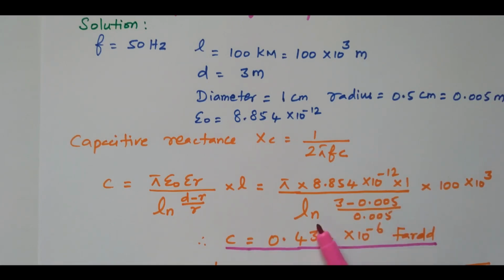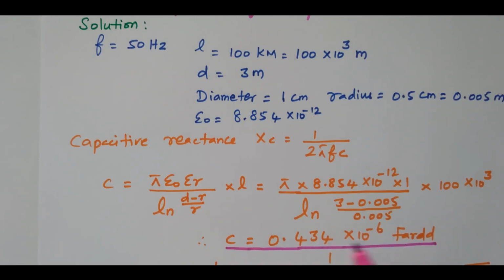This is a natural log, base e; you have to consider base e, not base 10. You have to multiply by the length of the conductor, 100 kilometer, so 100 into 10 to the power 3. Now all the values are substituted. The final C value is 0.434 into 10 to the power minus 6 farad.